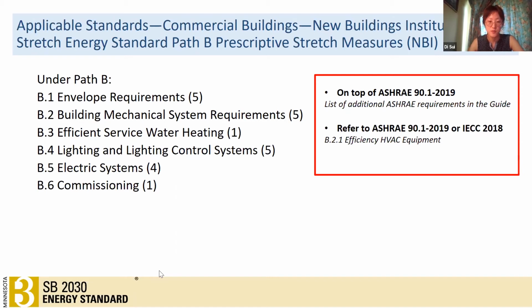Pat, do you want to make any comments? I was just going to underline that all the commercial options here, except for the ASHRAE Advanced Energy Design Guide, are based on ASHRAE 90.1 2019. Even if the method that NBI or IGCC might reference 2016, we want that 2016 to be replaced with 2019.